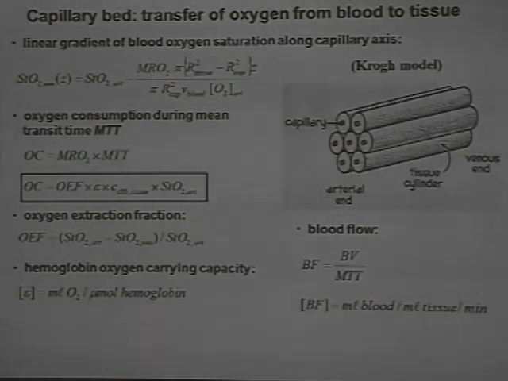Of course, all the cylindrical sheaths are identical, and at the arterial end, you have an oxygen saturation of StO2 arterial, and this oxygen saturation then drops towards the venous end, and this drop is actually linear.